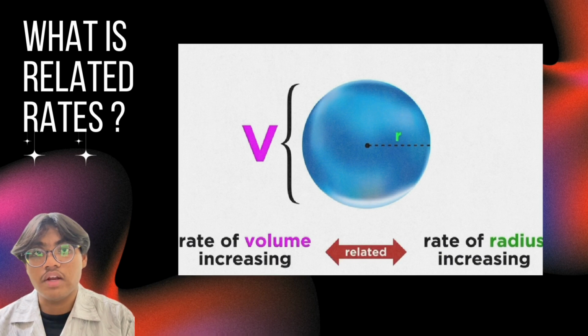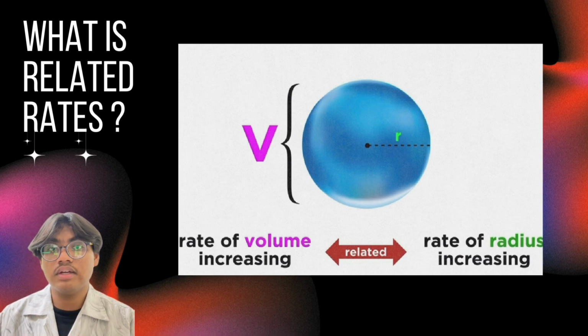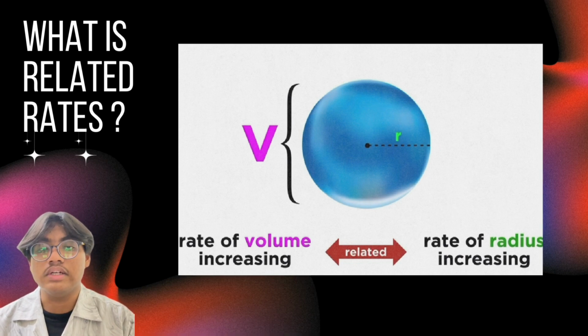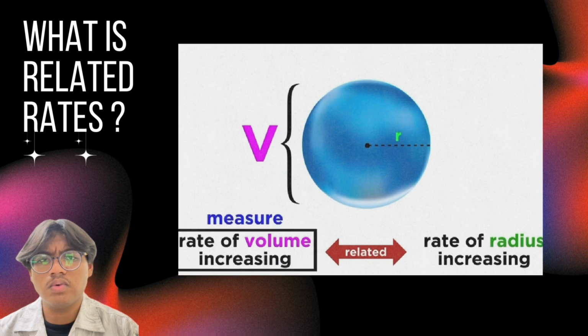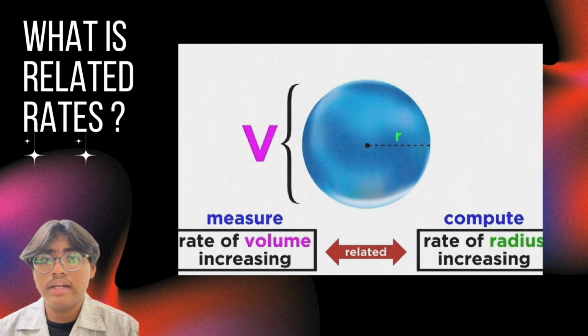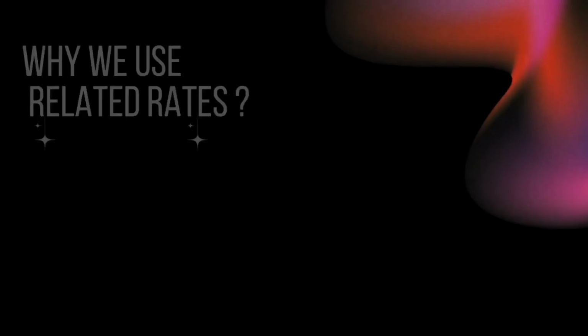Both of these values are increasing due to the expanding of the balloon, and their rates of increase are related, hence related rate. But one of these is probably much easier than the other. So rather than measure both, let's measure the one that we can and compute the rates.